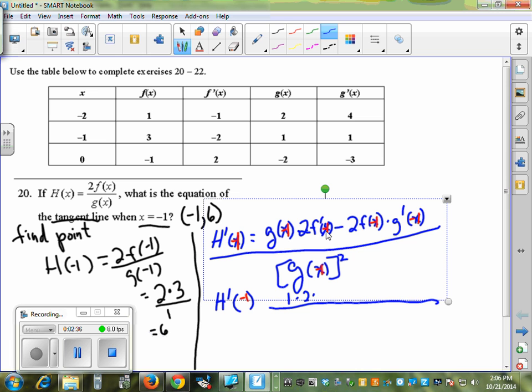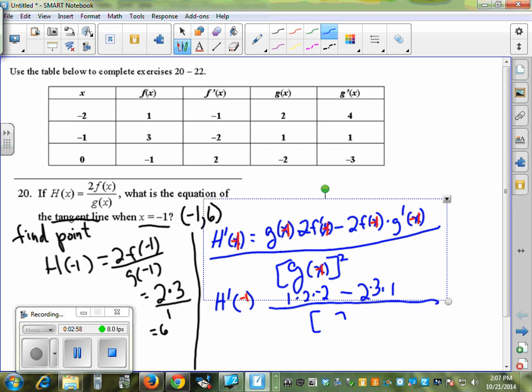The value of the derivative of f when x is -1, that's -2. Minus 2. The value of f when x is -1, that's 3. The value of the derivative of g when x is -1, that's 1.